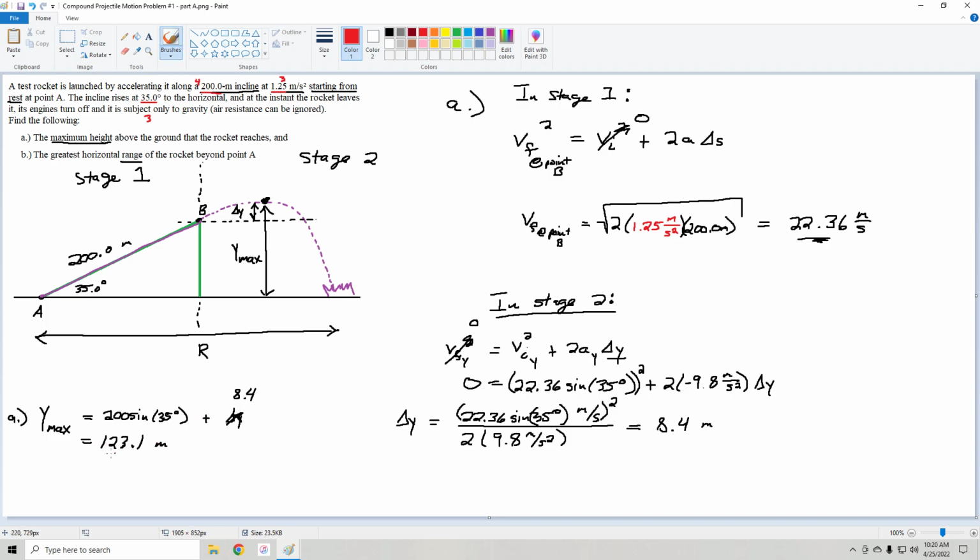So looking at our answer here, 123.1, 1, 2, 3 significant figures. The cutoff is right here. The 0.1 is smaller than 0.5. We don't round up, we actually round down. So I use this symbol here, approximately equal to 123 meters. That is the answer to part A. The maximum height above the ground that the rocket reaches is 123 meters, rounded appropriately.